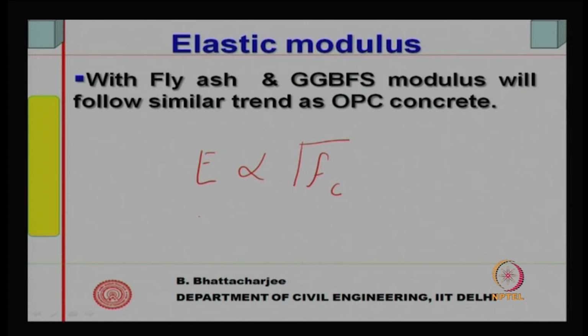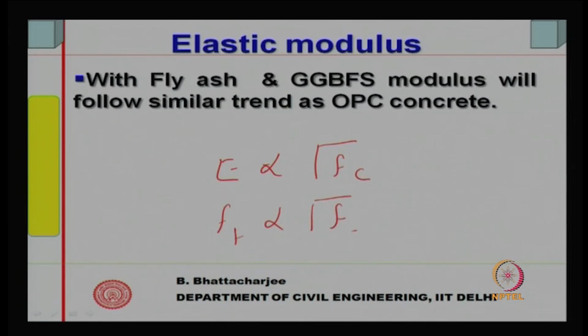Similarly, tensile strength, sigma T or Ft. So, E is proportional to the square root of Fc. Similarly, Ft is proportional to the square root of Fc. Most mechanical properties of concrete can be related to the compressive strength, right.